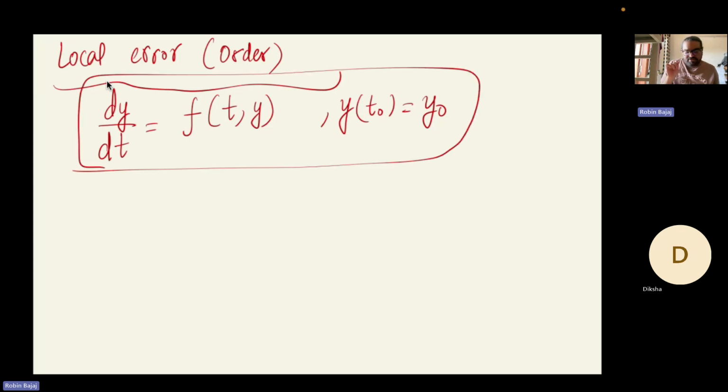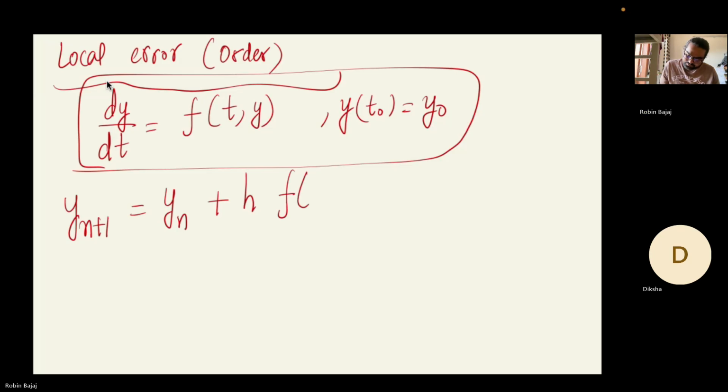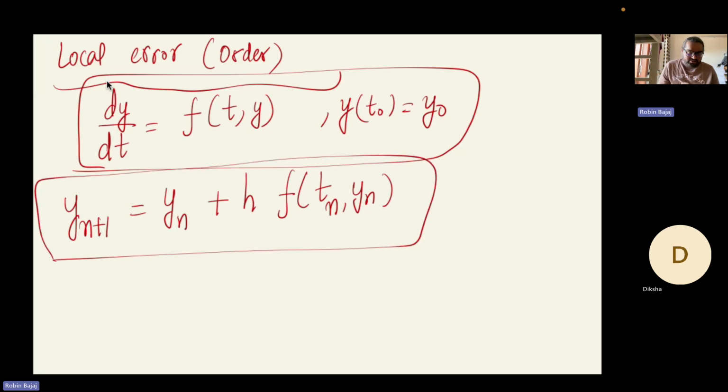Now what does the improved Euler method do? What would we have done in the standard Euler method? You would have done y at n plus 1 step is y at n plus h times f at tn and yn. That's your normal Euler method.